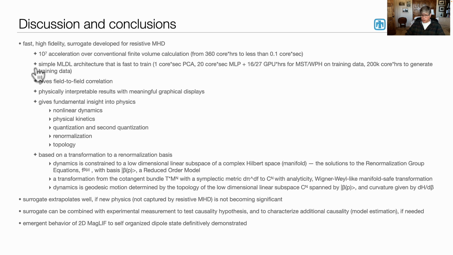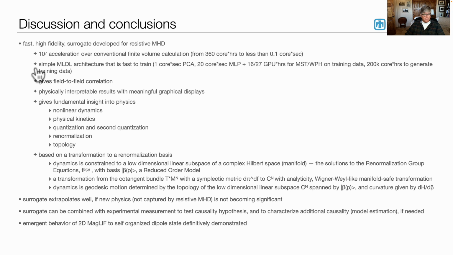These are the solutions to the renormalization group equations, given by how the fields scale as f to the beta p, with the basis vectors beta p that were found. This is a reduced order model in machine and deep learning parlance.